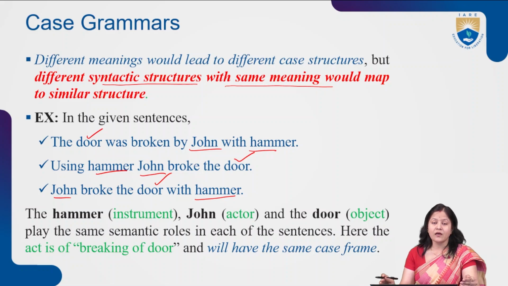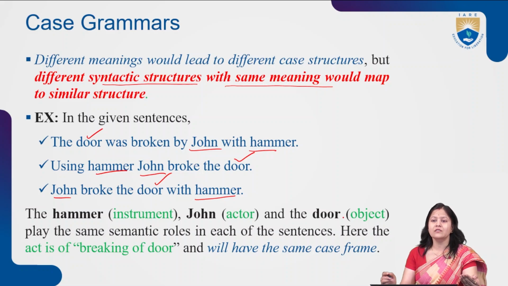That is why this scenario says that different syntactic structures with the same meaning can map to similar structures. In all three sentences we get the same case frames: the instrument is common to all three, and John, the actor, is there in all three sentences.